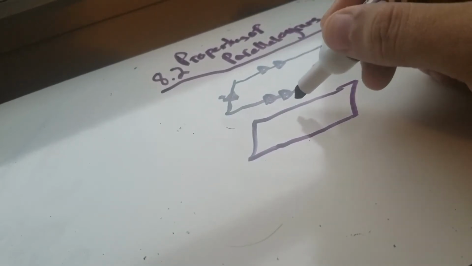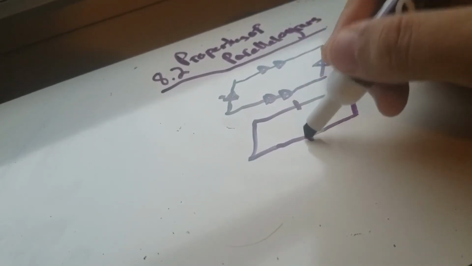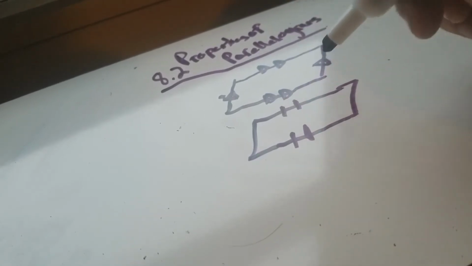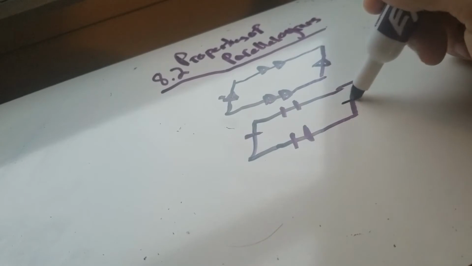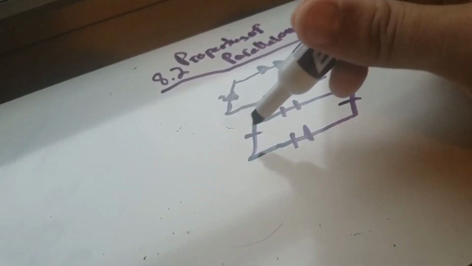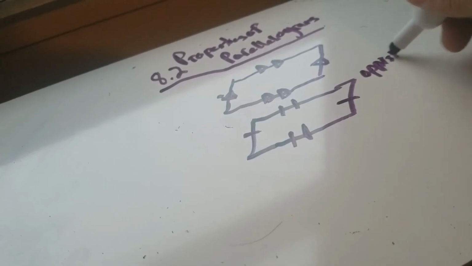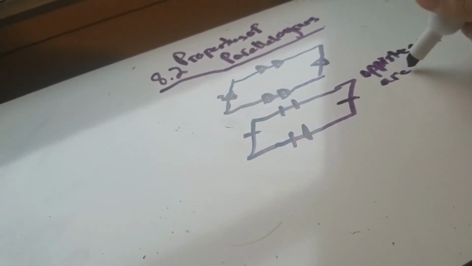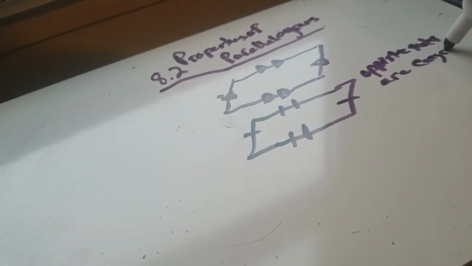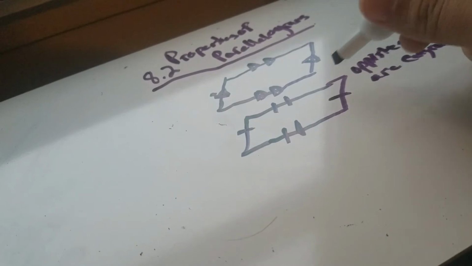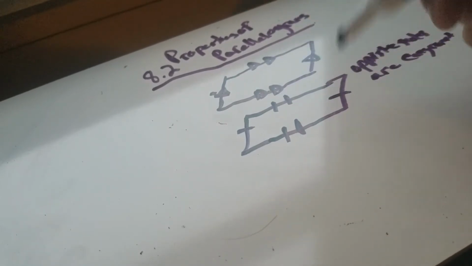One, we could tell that the top and bottom sides are congruent. I guess I'll use 2 tick marks because I used 2 arrow marks there. And the left and right sides are congruent. So you could put this down: opposite sides are congruent. So the first one is opposite sides are congruent if it's a parallelogram.